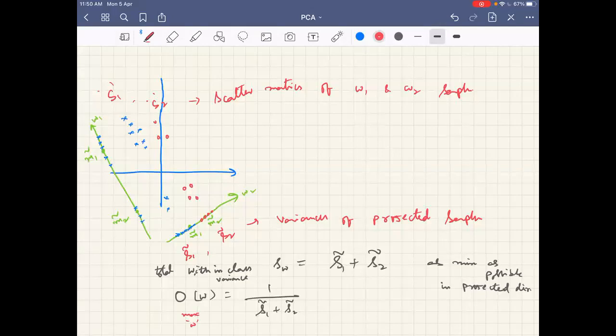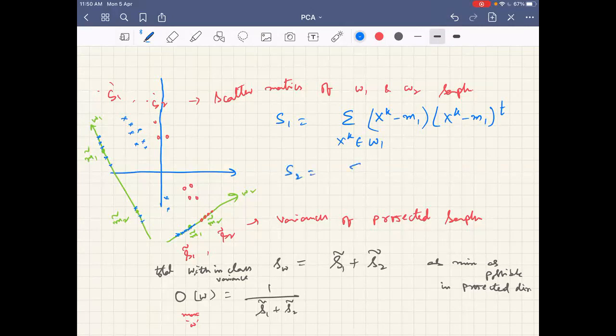And how do we define the scatter matrix here? S1. How do we define it? You should tell faster than what I write. Consider only class 1 samples and then define the scatter matrix of class 1.